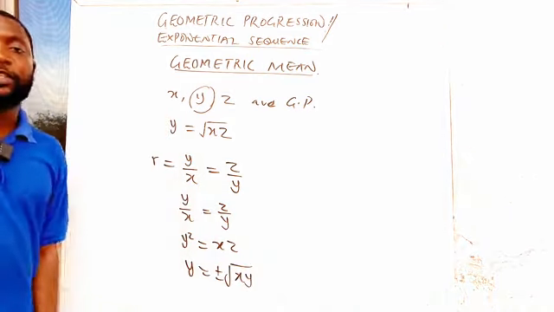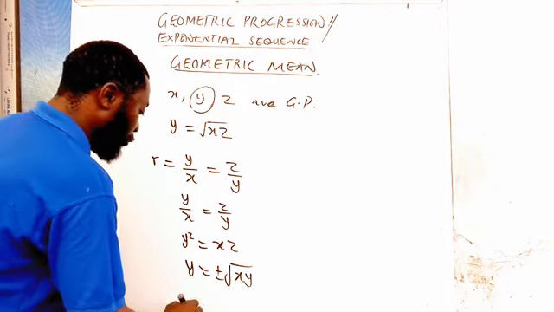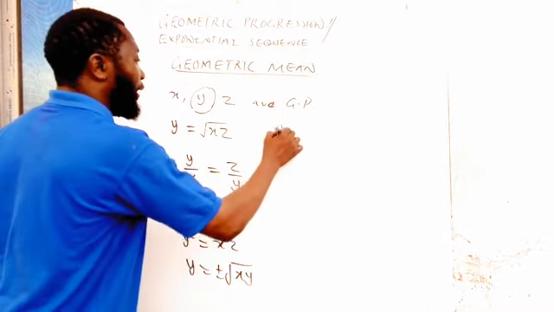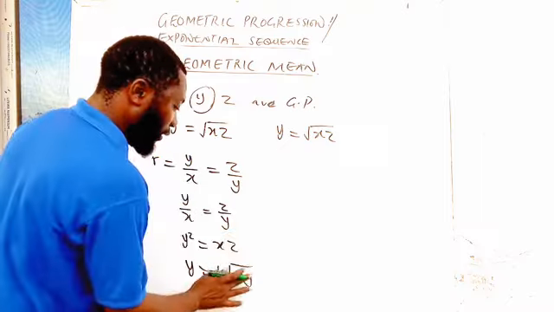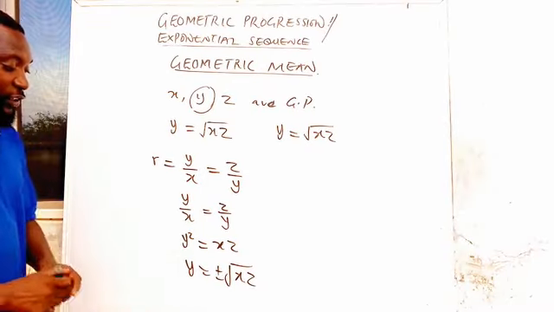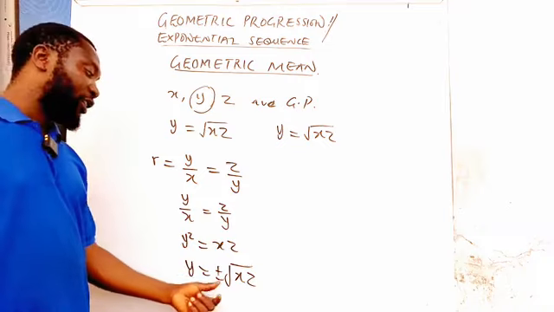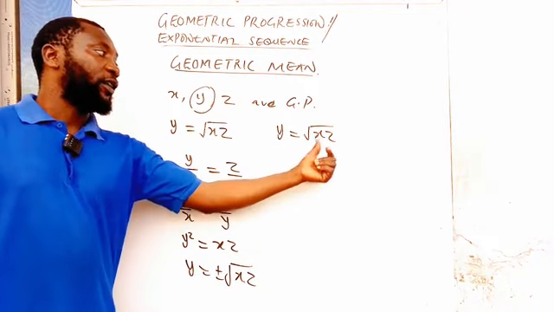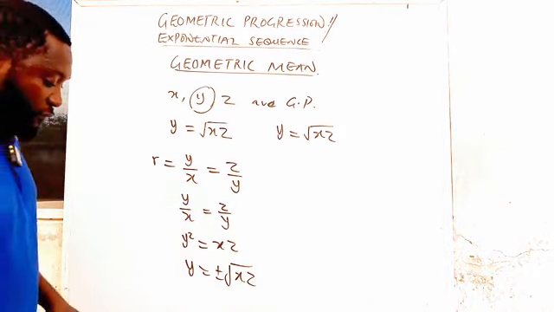But the geometric mean is the positive one, meaning what we are going for is y equals the positive square root of xz. It's either positive or negative, but the geometric mean is the positive square root of xz. And this is what we mean by geometric mean.